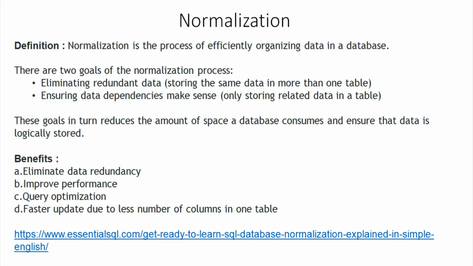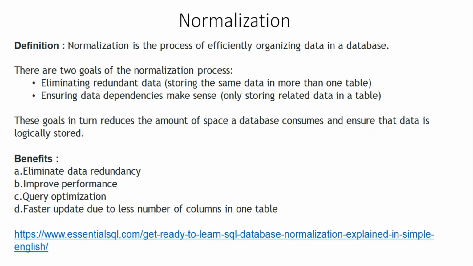The first one is to eliminate redundant data, that means storing the same data in more than one table. The second goal is ensuring that the dependencies between the data make sense. That means only store the related information in the table. All other information should be separated out.